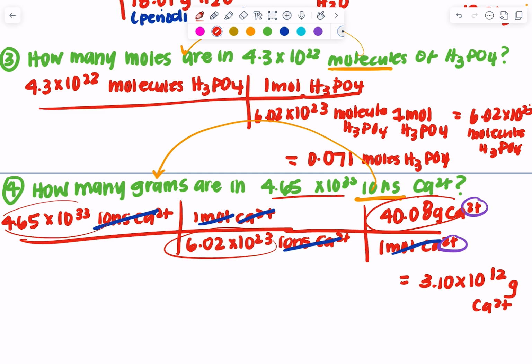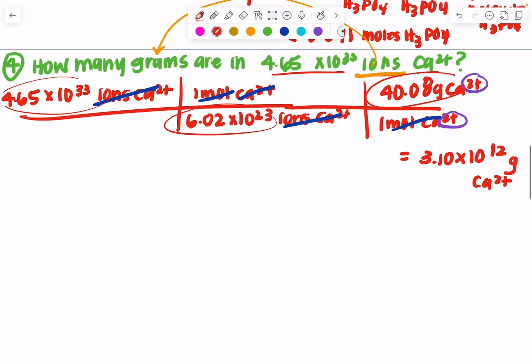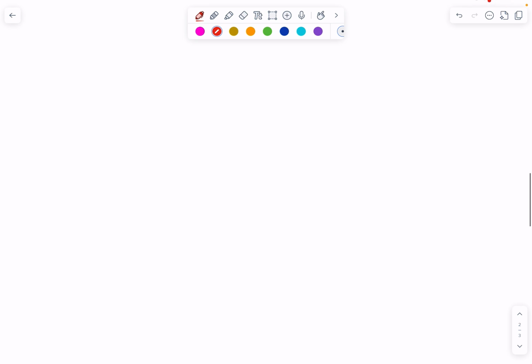What we're going to go into next is a little bit more complex. It is something called stoichiometry, which we've done.